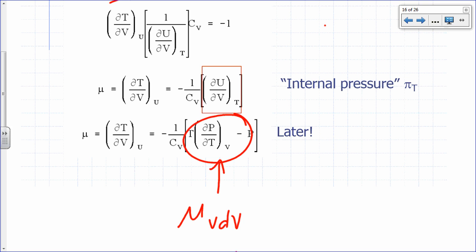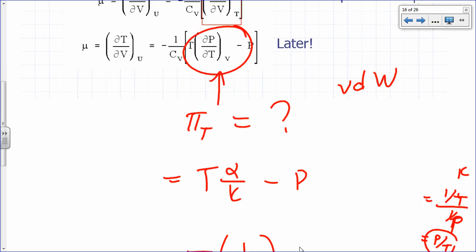If you have a van der Waals gas, what's pi sub T for a van der Waals gas first? How would you do that? Let's see. What's our van der Waals equation?